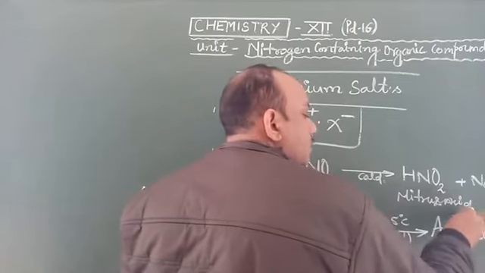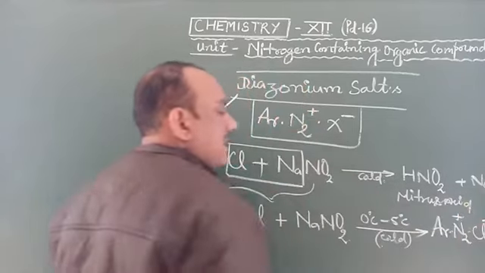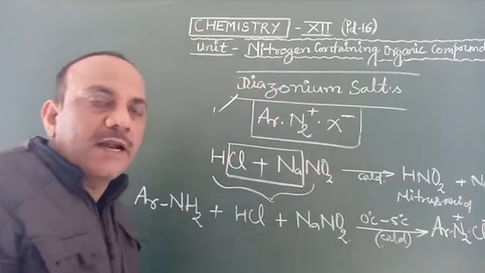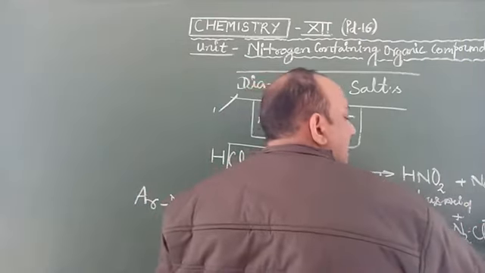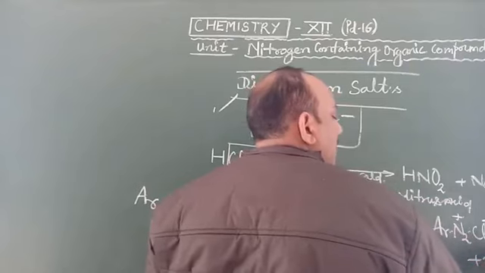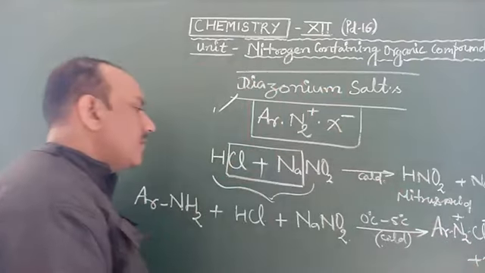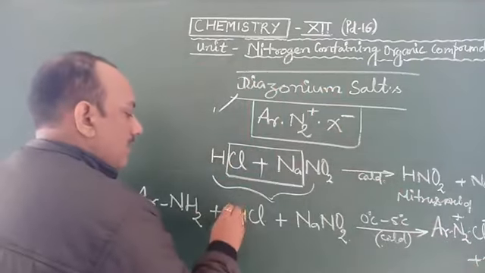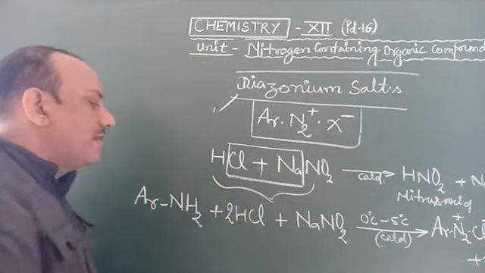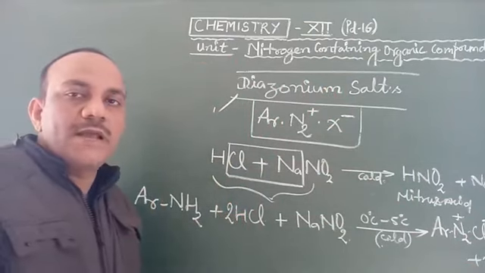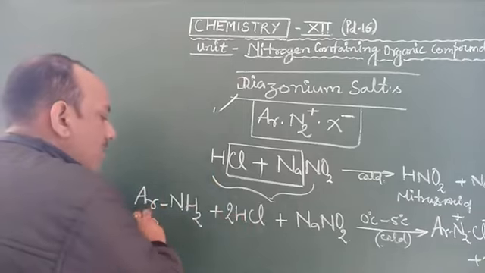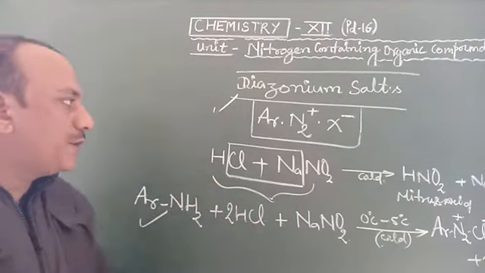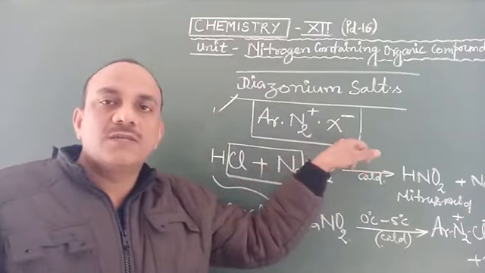So ArN2+ Cl minus, plus sodium chloride and water, 2H2O. For balancing the chlorine atom, we add 2. So this reaction proves that from aromatic amine we produce diazonium salts.